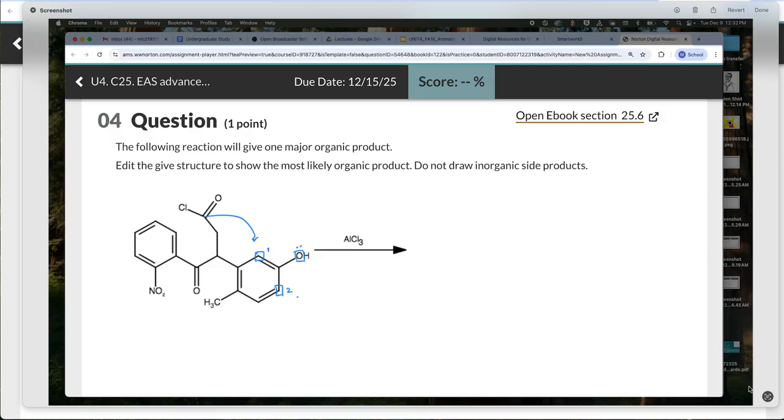You are responsible for three-dimensional manipulations of your structures. As you can see, I screwed it up. It can be very challenging to do those three-dimensional manipulations, particularly when put on the spot, standing in front of a classroom, or during an exam. So make sure you pay attention to those.